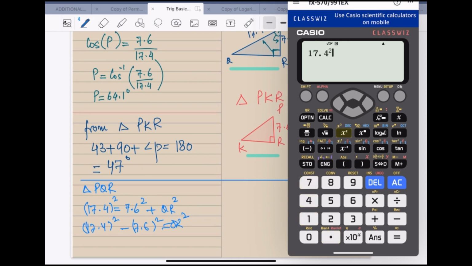If you root it, it's going to be QR is equal to 15.7.